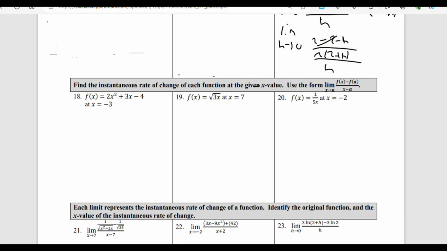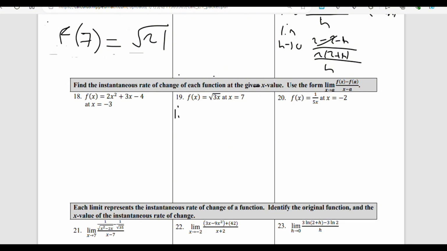So we're going to find our f of a, f of 7. If the pen wants to work, there we go. Okay. f of 7, which is square root of 21.